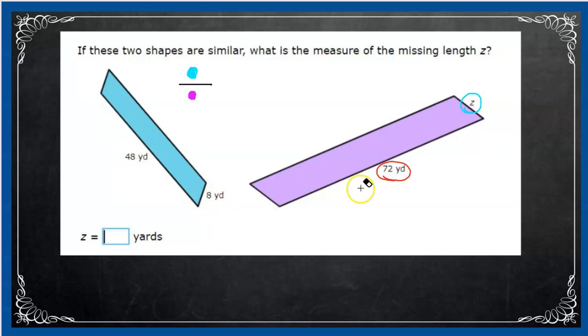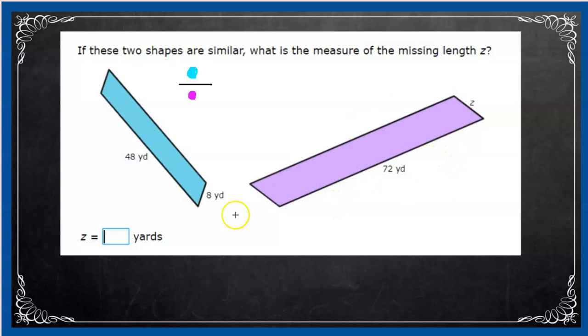I'm going to get rid of this because I think that's a little bit confusing because 2 of them are circled in teal. So my numerators are going to come from the teal figure, my denominators are going to come from the purple figure. That's what I mean by that.